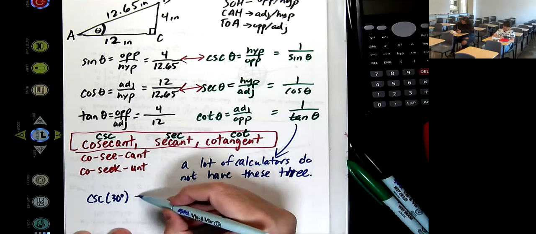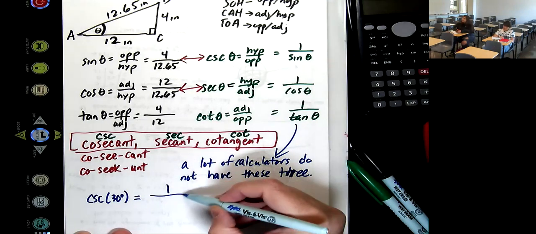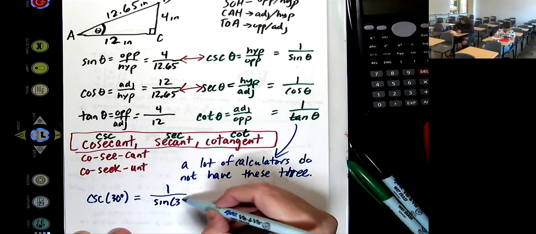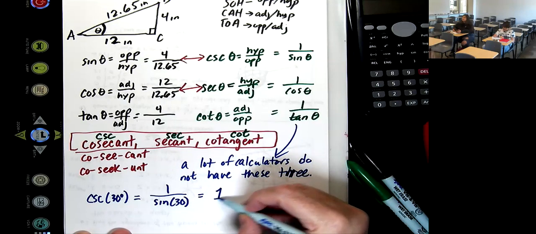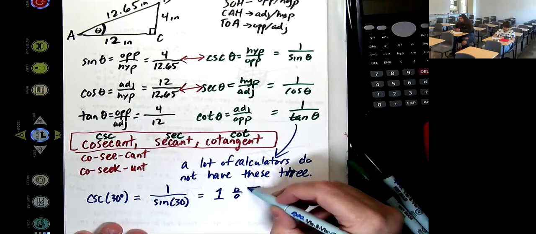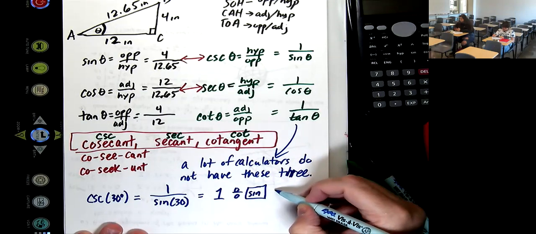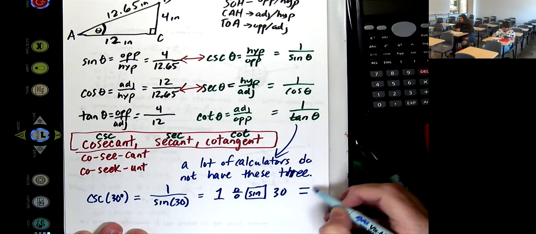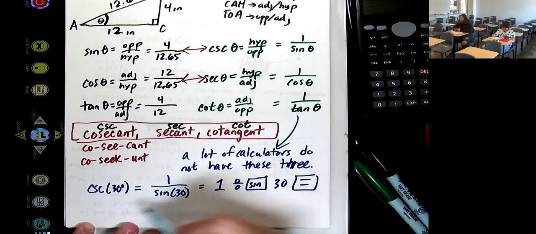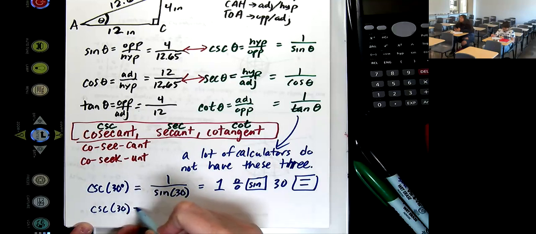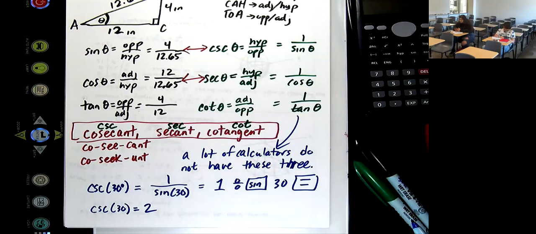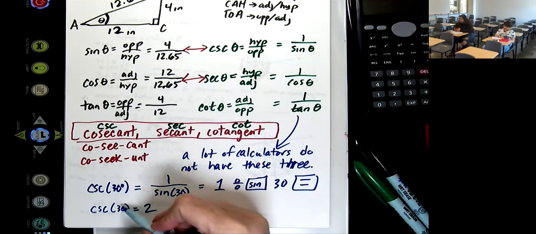The way you get around this is 1/sine of 30 degrees. So in a calculator, you hit 1, you hit divided by, you hit sine, you type in 30 and you hit equal. You should get cosecant of 30 equals 2, assuming you're in degree mode.